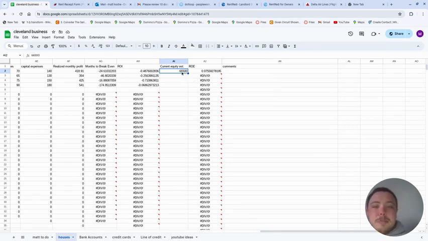So this is all important information to keep track of because your house should appreciate, right? At least the history has been that houses go up in value over time, and you pay down your loan balance over time. That's guaranteed, right? You keep making payments, your loan balance goes down. So as you pay down that loan balance, your equity goes up, and as your house appreciates, that equity goes up.